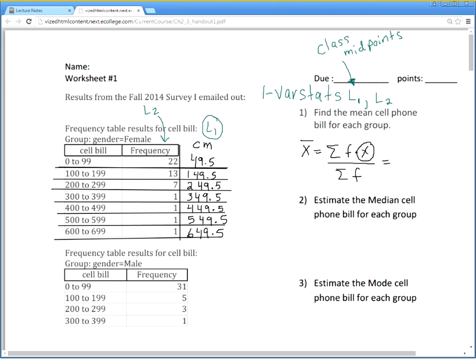Class midpoints have to go first. And then the second list, whatever that ends up being, that's where your frequency is. Okay? So, I'm going to move you over to the calculator. You're going to enter the class midpoints and the frequency.